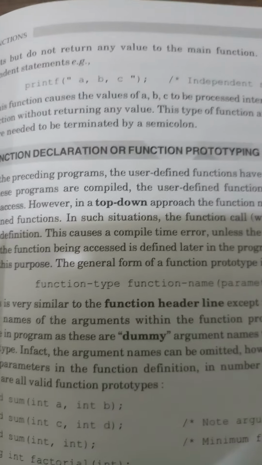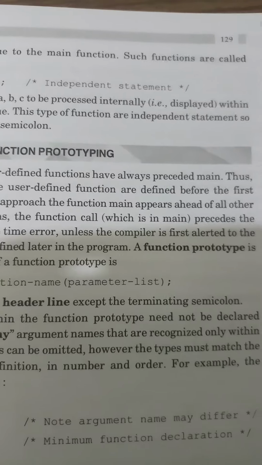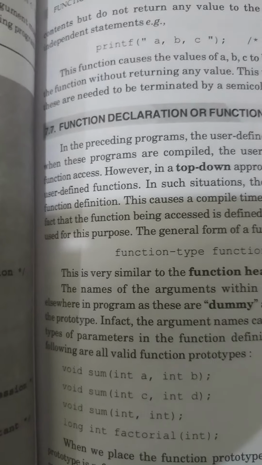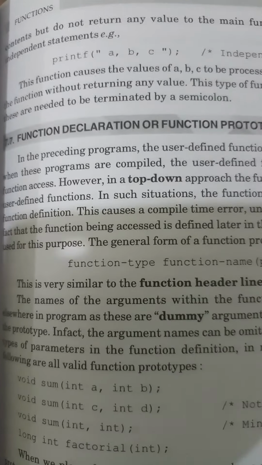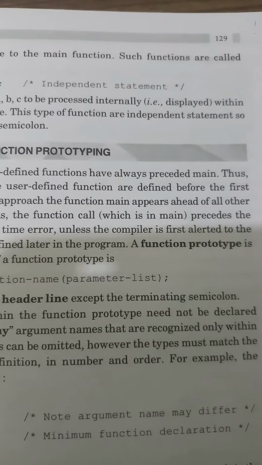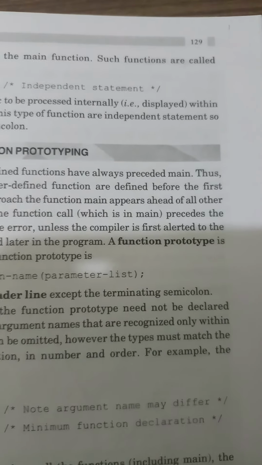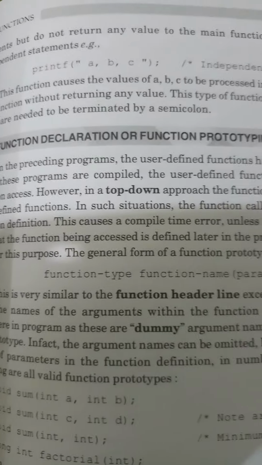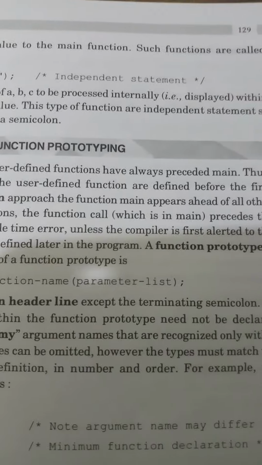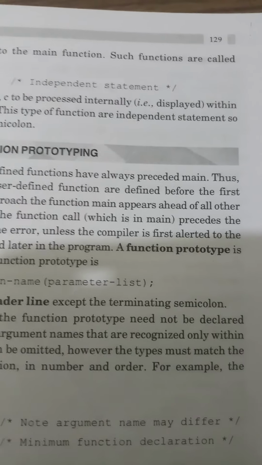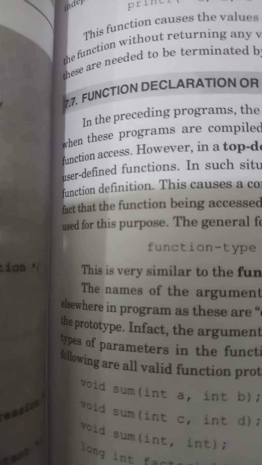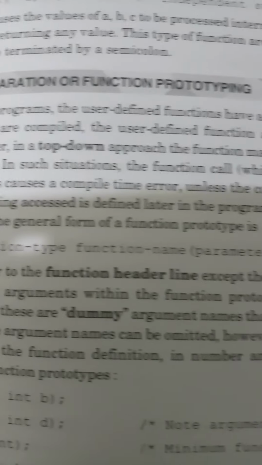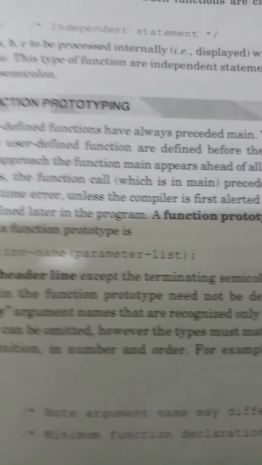However, in a top-down approach, the function main appears ahead of all other user-defined functions. In such situations, the function call which is in main precedes the function definition. This causes a compile time error unless the compiler is first alerted to the fact that the function being accessed is defined later in the program.